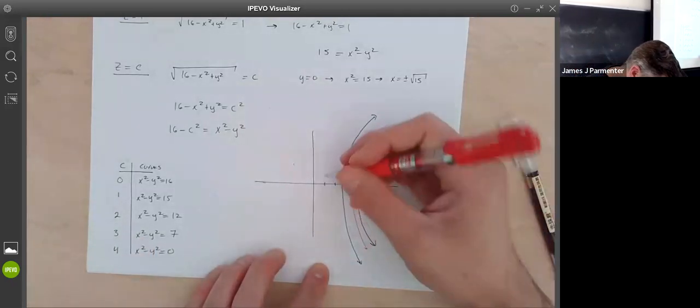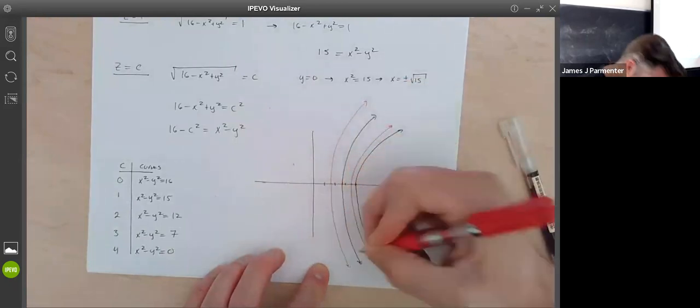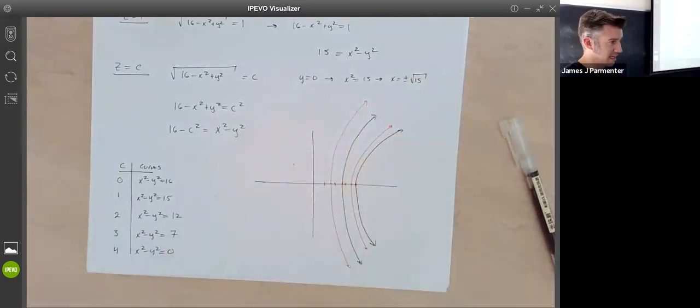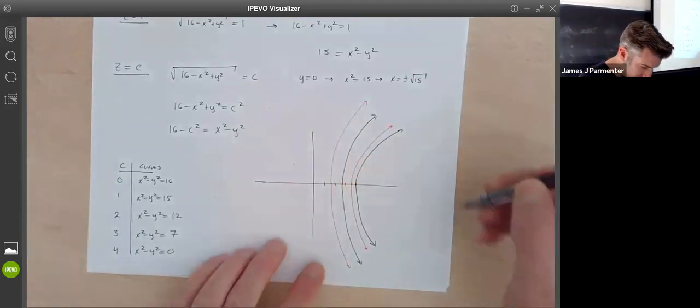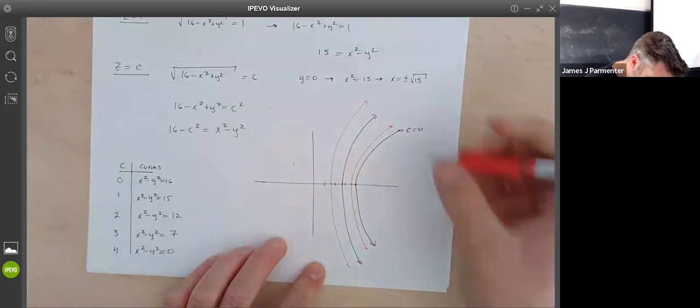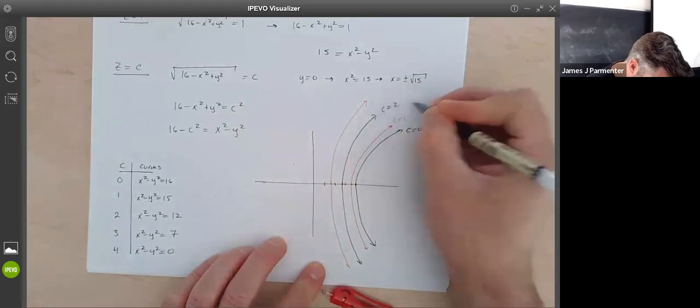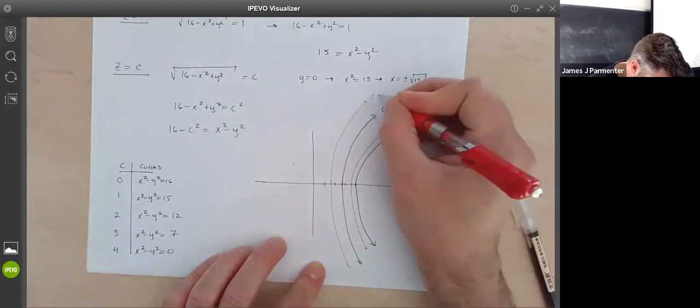So here's what your level curves would look like. I only drew the right side of them just because I didn't want to draw the other side. But I would label this as c equals 0, c equals 1, c equals 2, c equals 3.